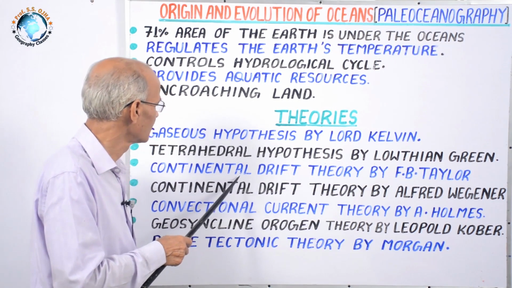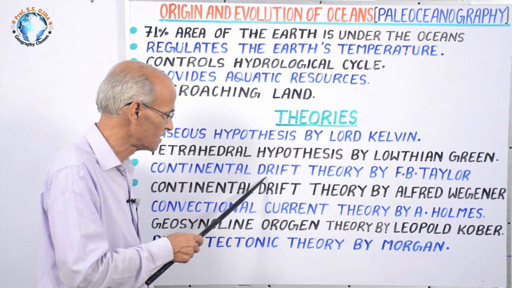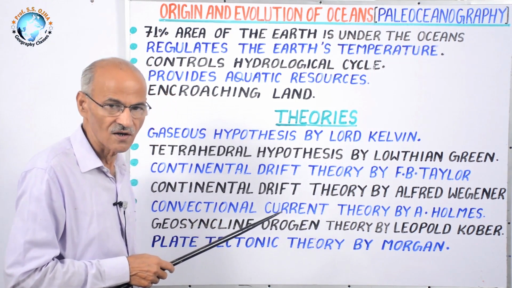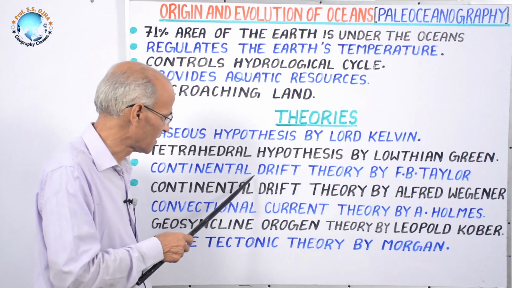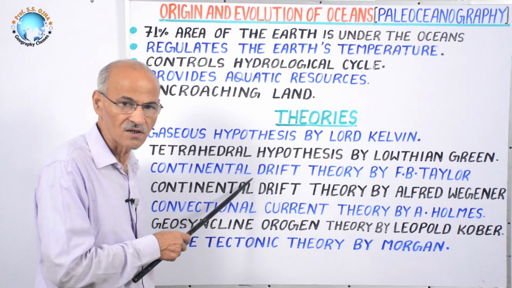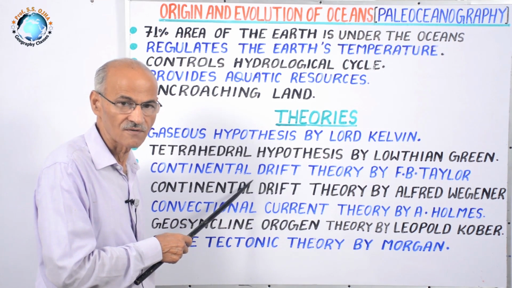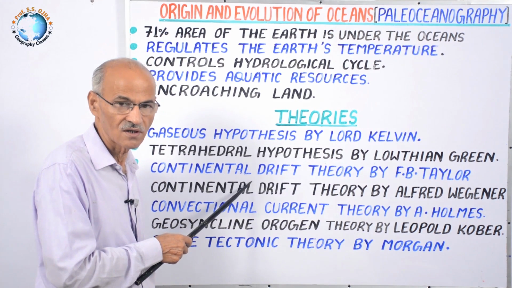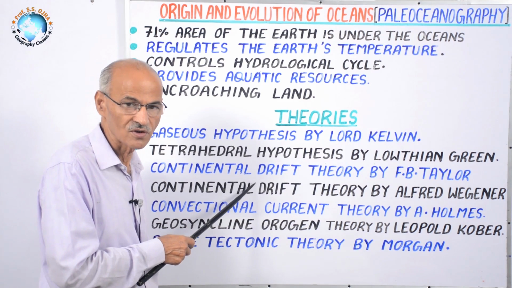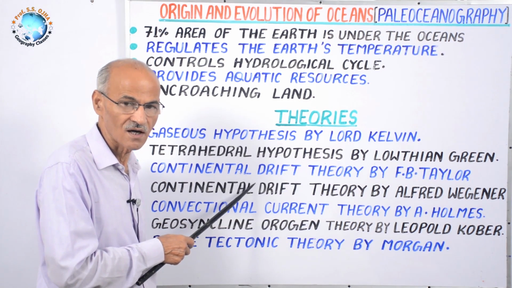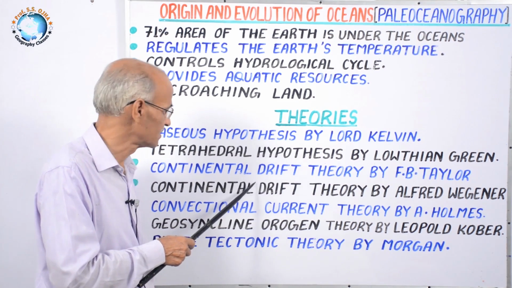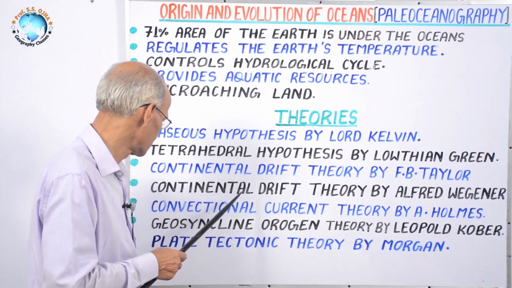Thus, credit for continental drift theory goes to F.B. Taylor, and with the help of this theory, he opened North-South Atlantic Ocean, Indian Ocean, wherein the water of Pacific Ocean was filled. Thus, all the oceans and continents came into existence.